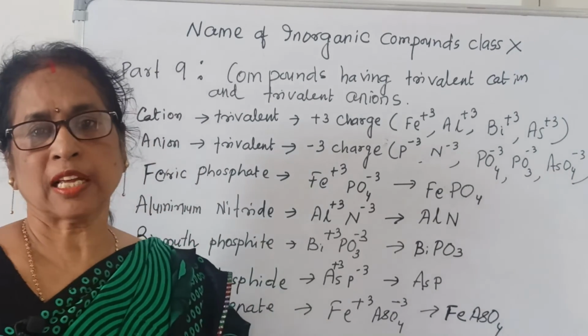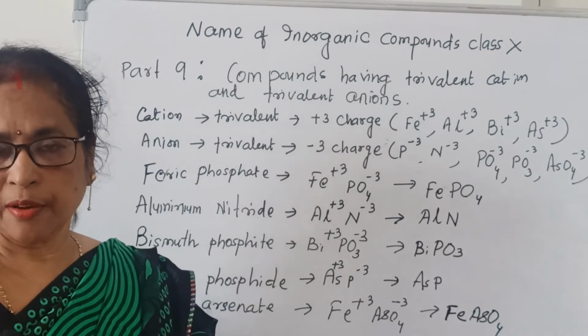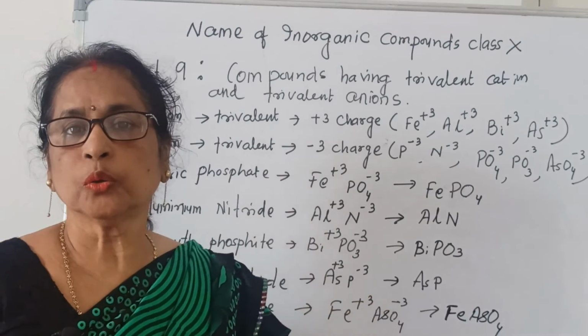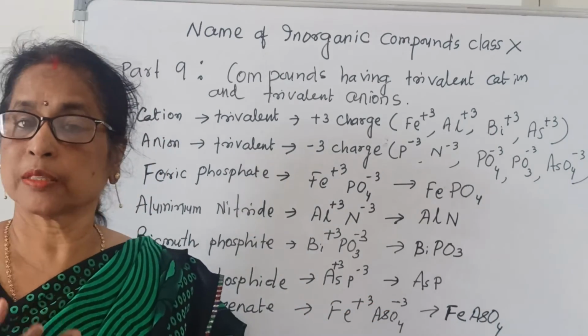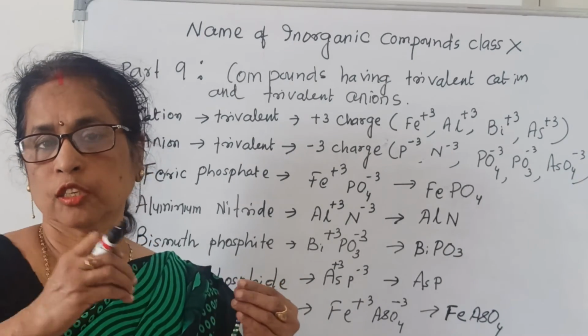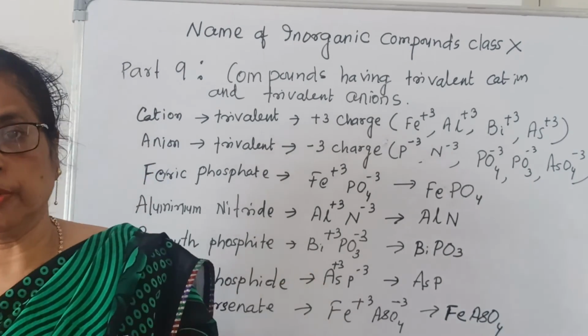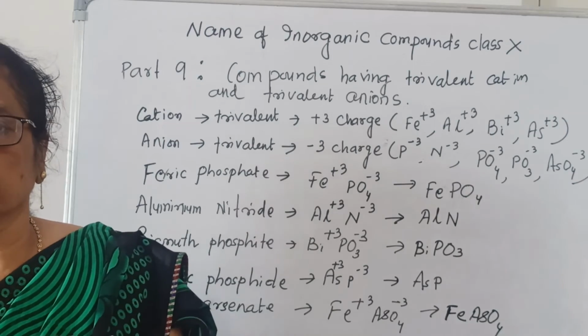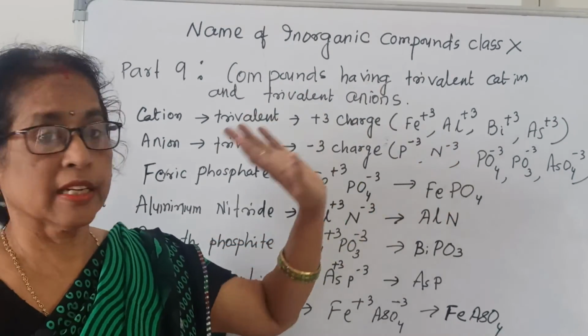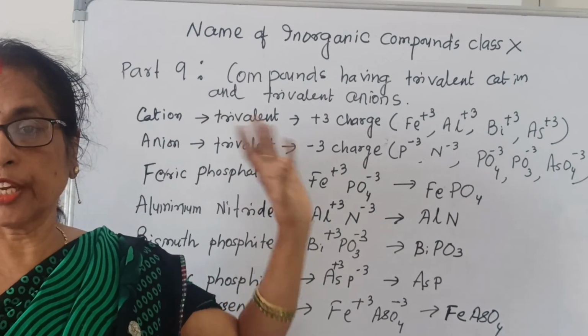Whether the compounds exist in the chemistry lab or in life is not the concern, but try to make as many compounds as possible using the formula. When the charges are not equal, only the numbers are put crosswise, multiplied, and these are the radicals, called cation and anion.